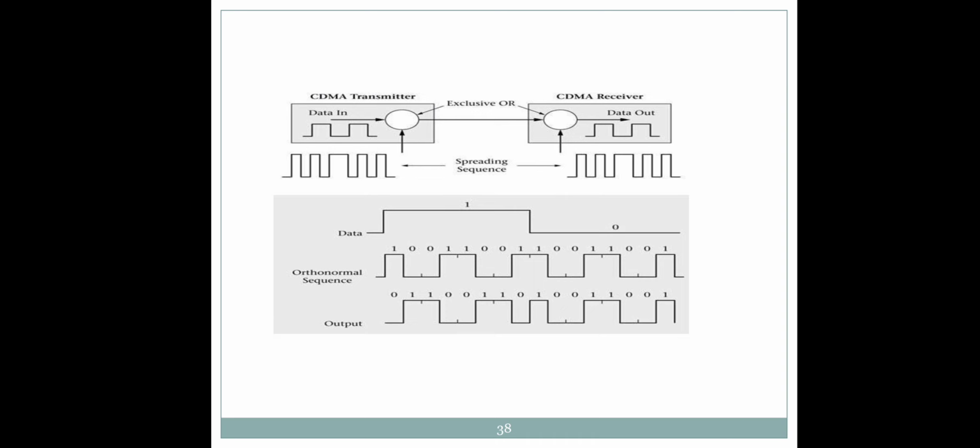XORing the data. Here you are able to see exclusive ORs, that is, the CDMA transmitter and the CDMA receiver. This is the coded sequence being sent, and it is decoded at the receiver end.